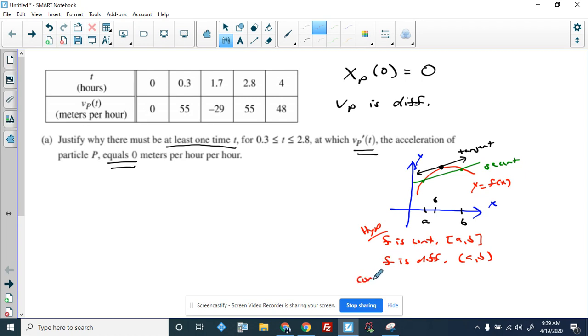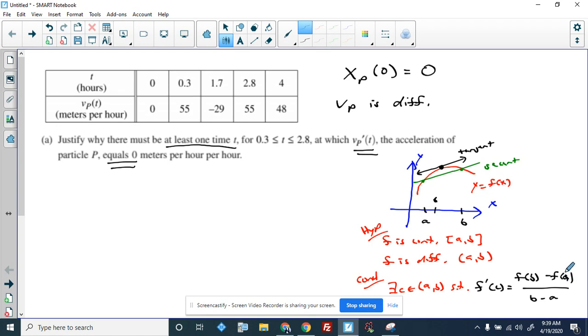If that is true, then you can state the conclusion, which is that there exists some C in the open interval such that, and here is the big to-do, the derivative at that C value is equal to the slope of the secant line over the interval. That's your Mean Value Theorem right there. You might want to put that on your summary sheet when you're taking this year's exam.